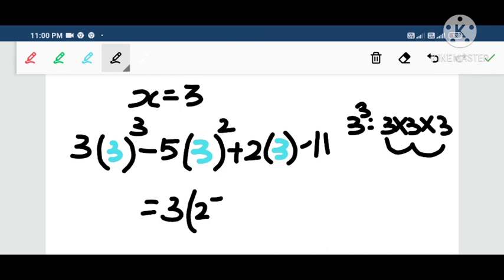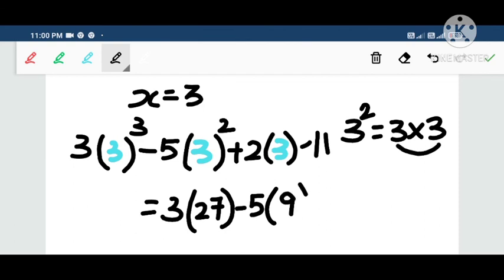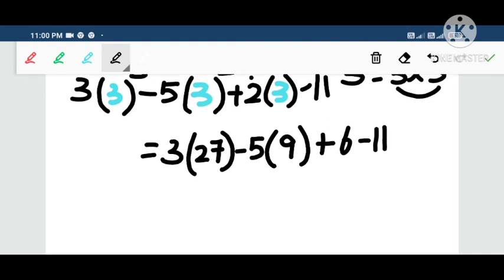So here we get 27 minus 5 into 3 to the power 2. 3 to the power 2, you write 3 into 3, 3 3s are 9, plus 2 into 3, plus 2 3s are 6, and finally minus 11.